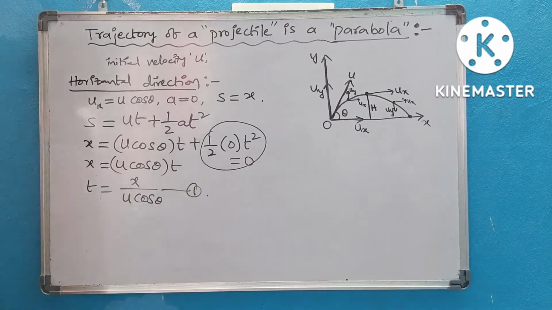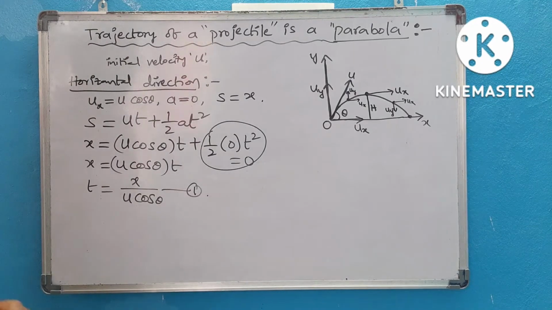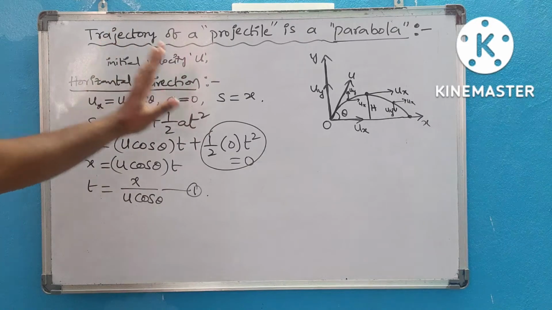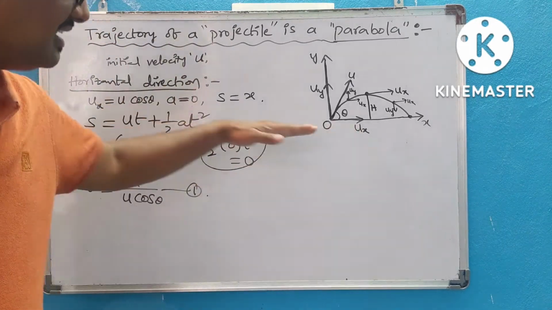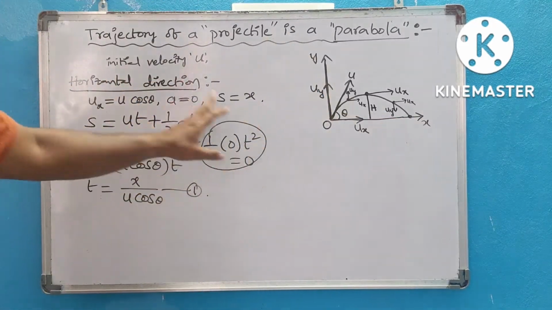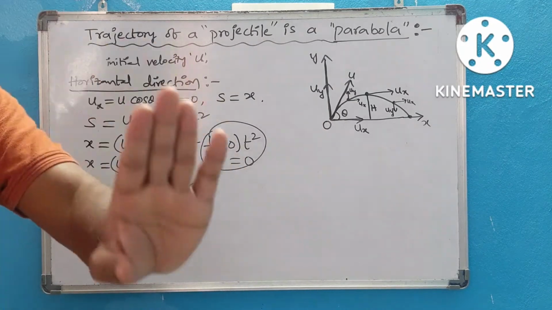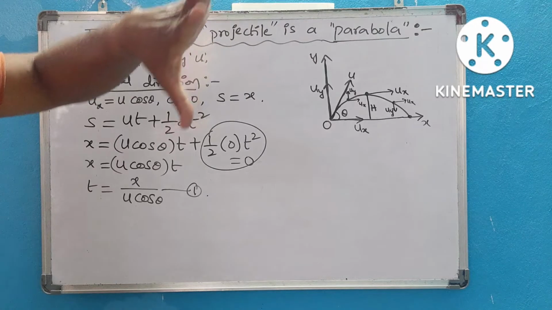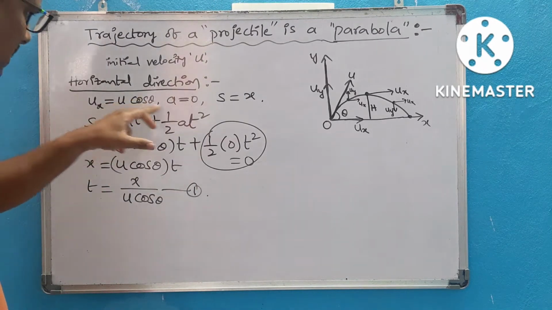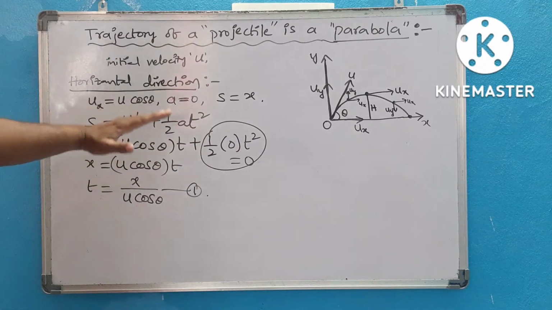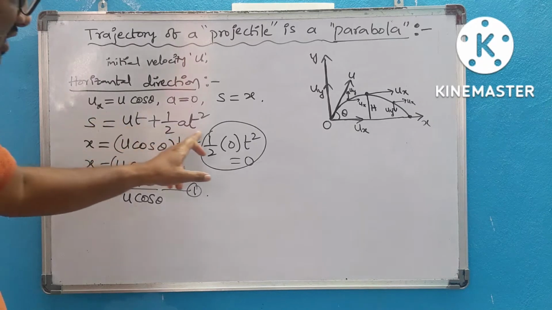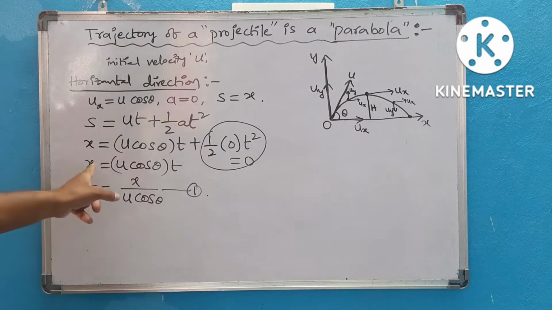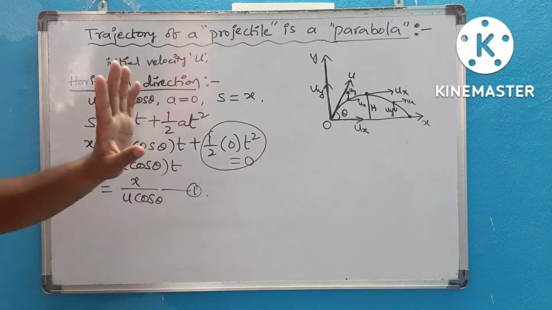This is equation number 1. So for the horizontal direction, ux equal to u cos theta, s equal to x, but a is equal to 0, because a is only applicable in the vertical downward direction. Finally we get t equal to x by u cos theta.